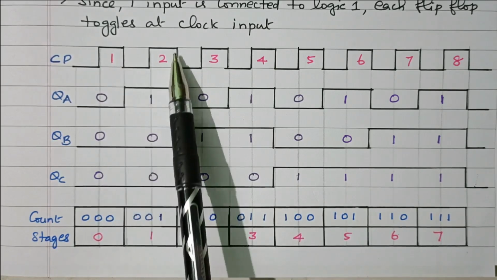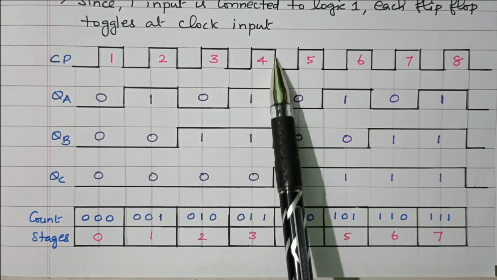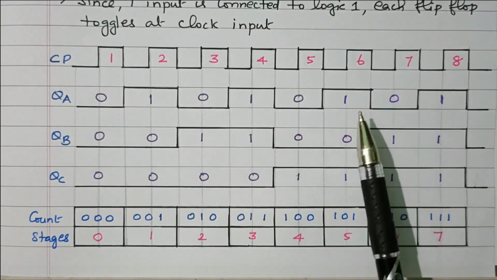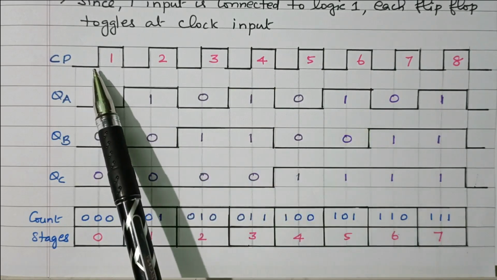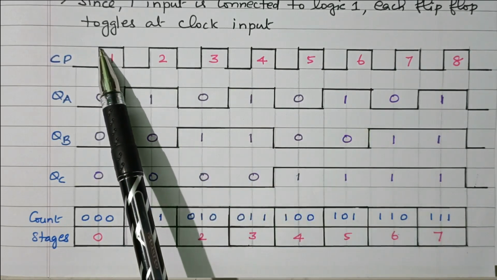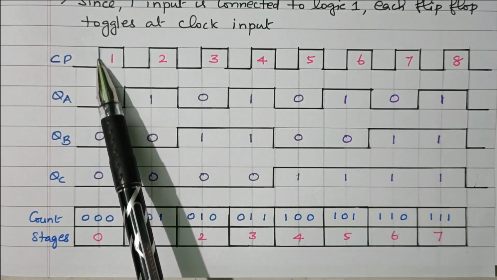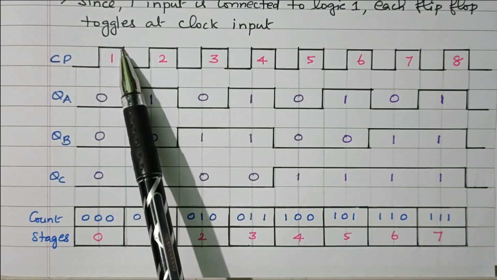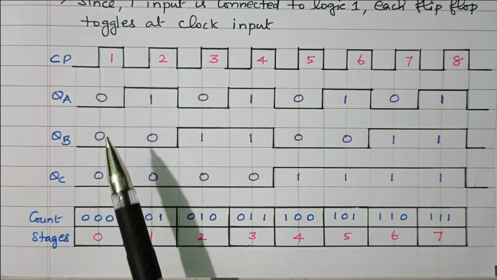So during every negative edge, the output of the T flip-flop will toggle, right? If the clock pulse is directly given, that is called positive edge. During every rising edge, the flip-flop will toggle. Here, given inverted, so during every negative edge, trailing edge, the flip-flop will toggle.